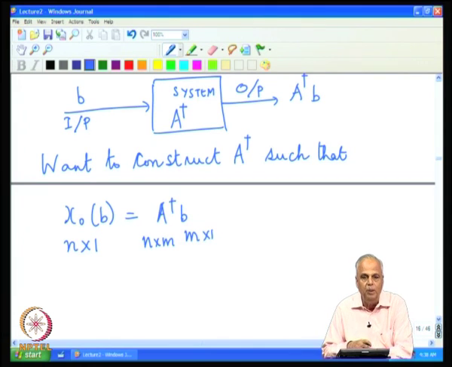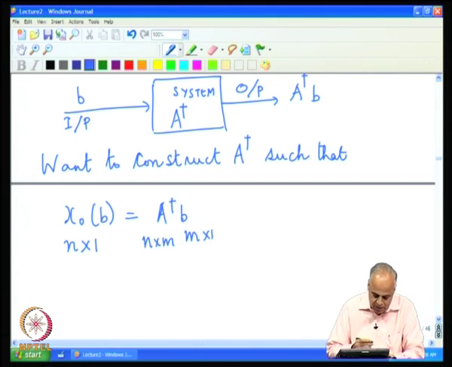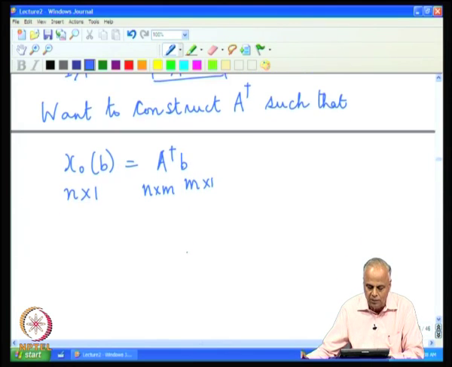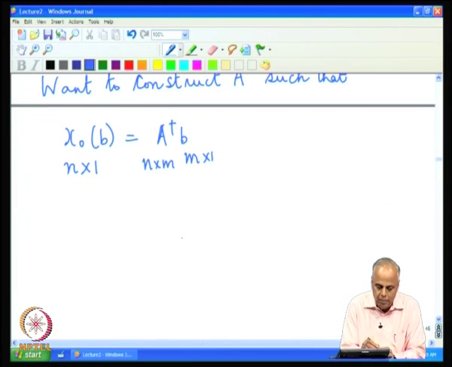So, the fundamental problem of the system of equations is the construction of this matrix A dagger.